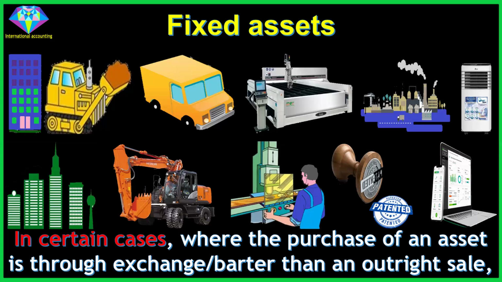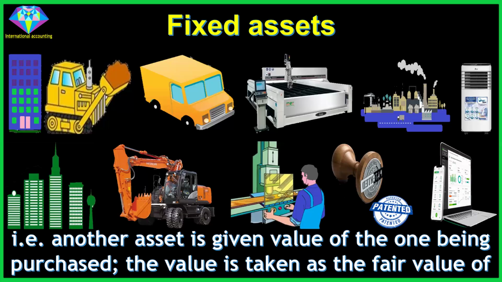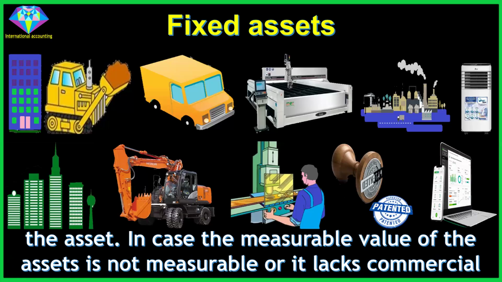In certain cases, where the purchase of an asset is through exchange, barter rather than an outright sale, i.e. another asset is given for the one being purchased, the value is taken as the fair value of the asset.